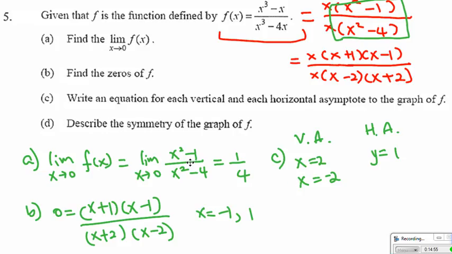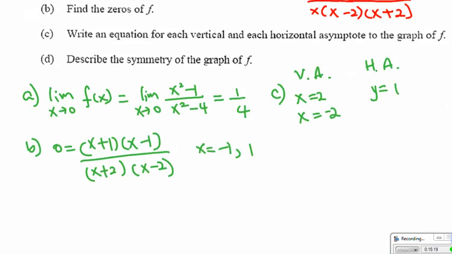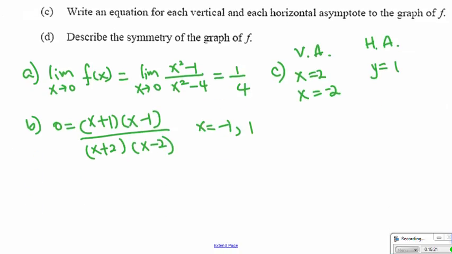Alright, now describe the symmetry of the graph of f. One thing we can do is ask whether this is symmetrical about the x-axis, y-axis, or the origin. Obviously, it cannot be symmetric about the x-axis. To check, we can see if this is an even function or odd function.